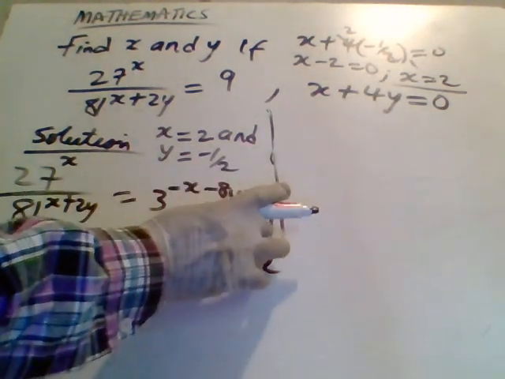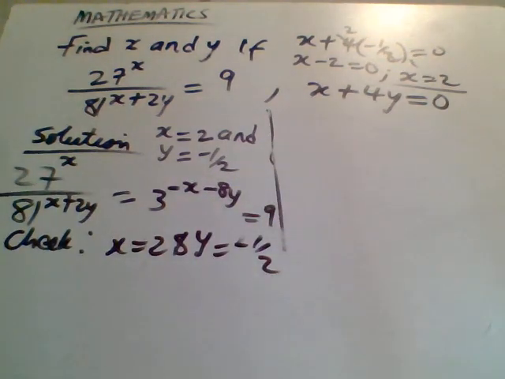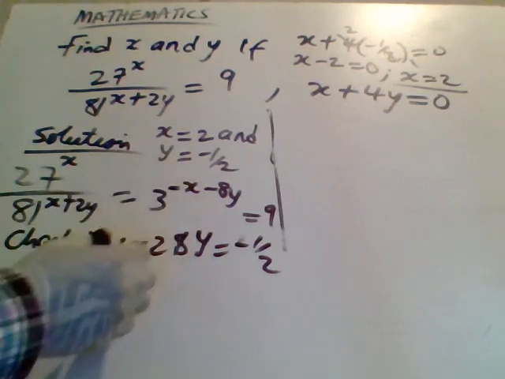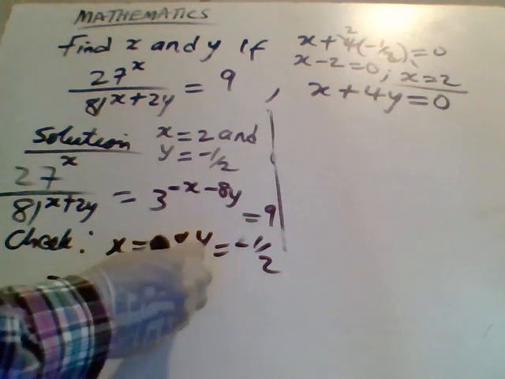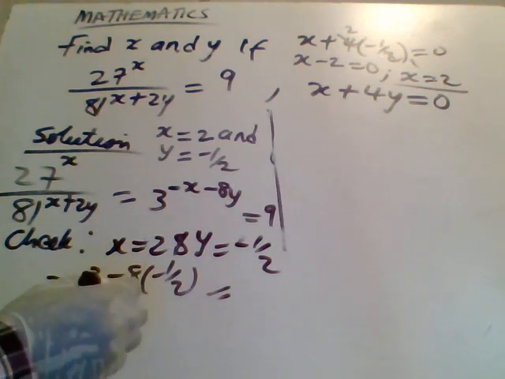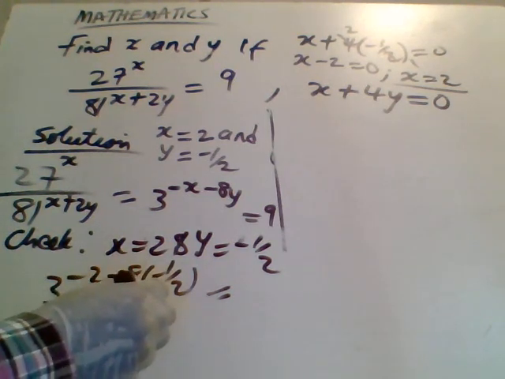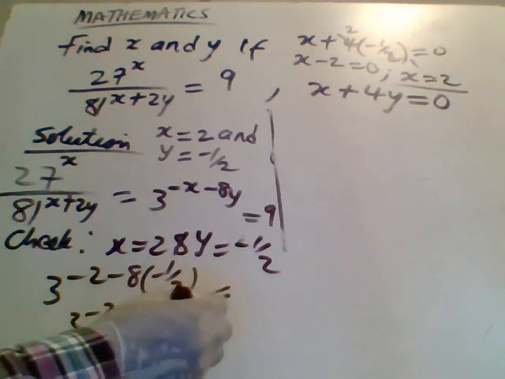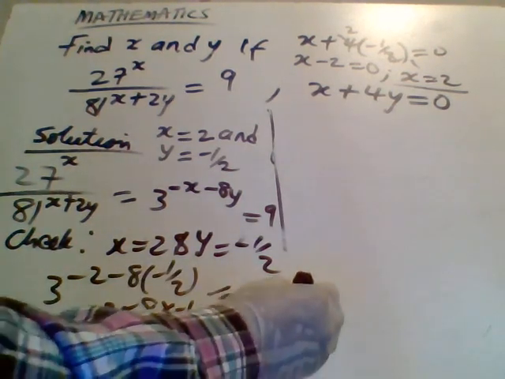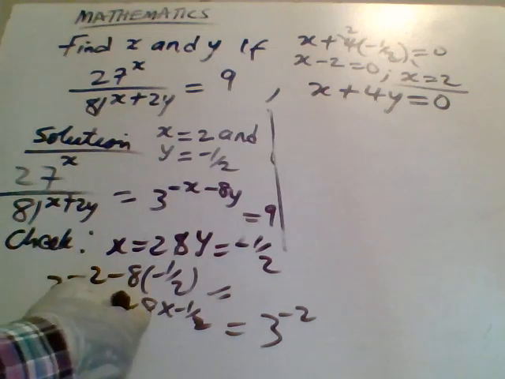So substitute it here in the left hand side. If the result is equal to 9, then our answers are correct. So we have 3 raised to the power minus x minus 8y. Wherever you see x, you put 2. Wherever you see y, you put minus half. So solving this, you have 3 to the power minus 2, opening bracket, minus 8 times minus half, which is 3 raised to the power minus 2 minus 8.